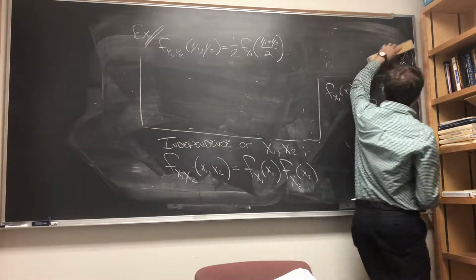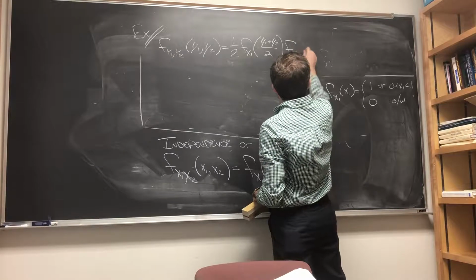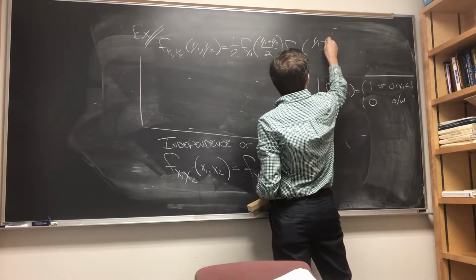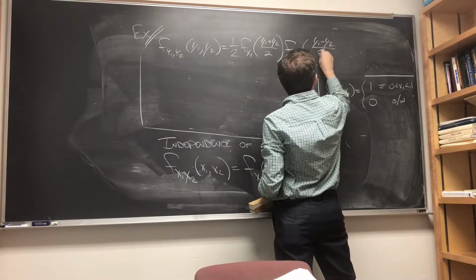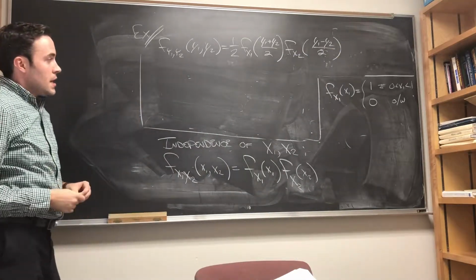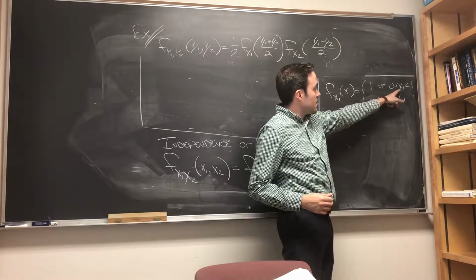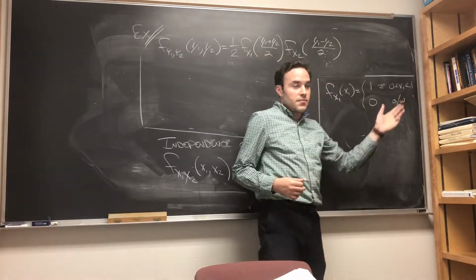And we're going to multiply that by f x2 of y1 minus y2 over 2. Now what we have to do is make the appropriate translations into piecewise functions.